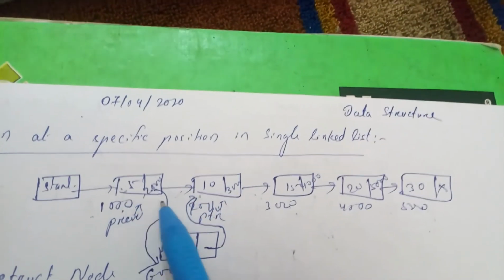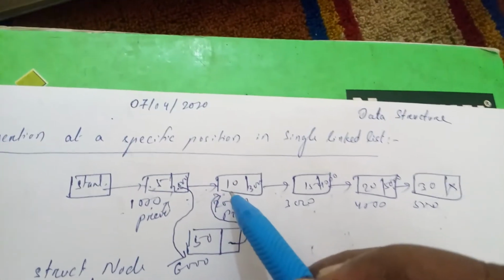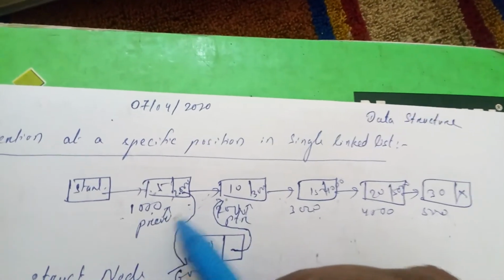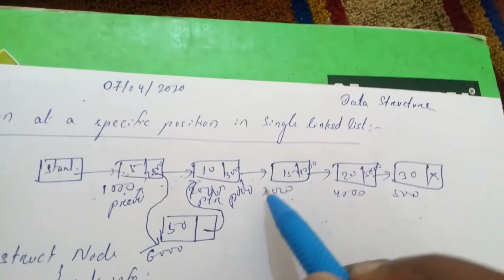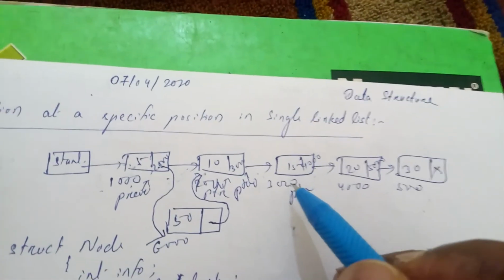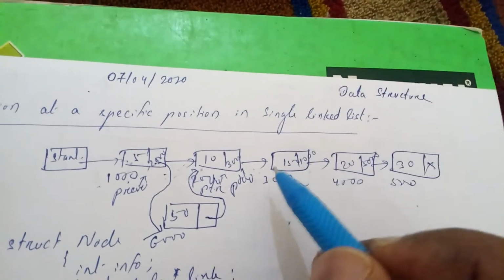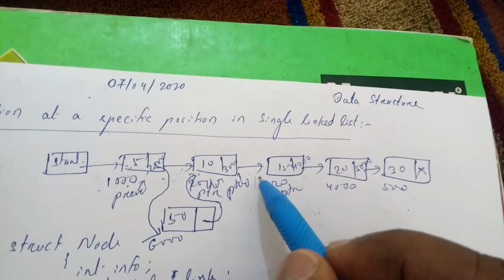That means previous will be here, ptr will be here, and i is increased by 1, so i will be 2. 2 is less than 3, yes, then previous will be ptr, so previous will come here, and ptr is ptr link, ptr will come here. Then i becomes 3. Is 3 less than location? No. So we'll come out of this loop, and we want to insert the node here at the position 3.